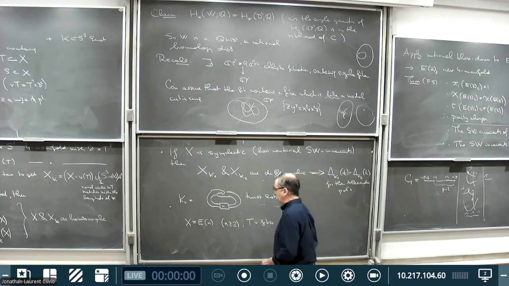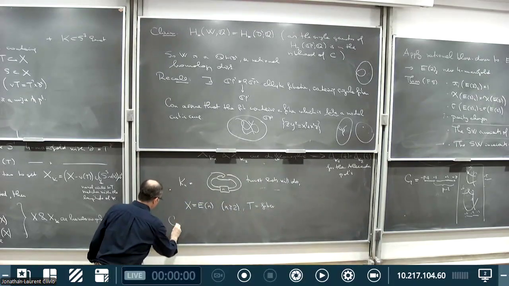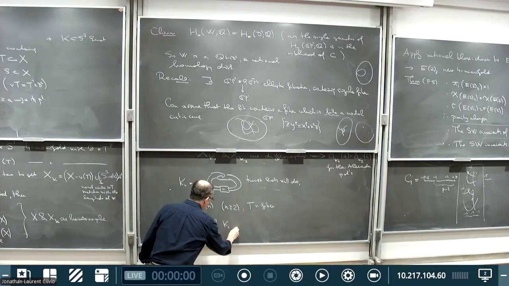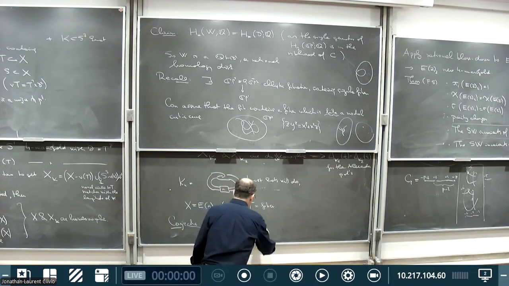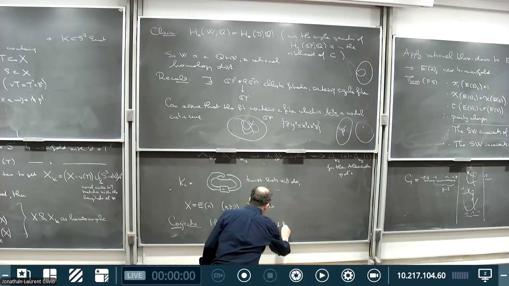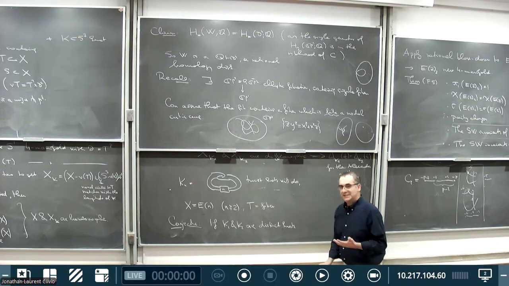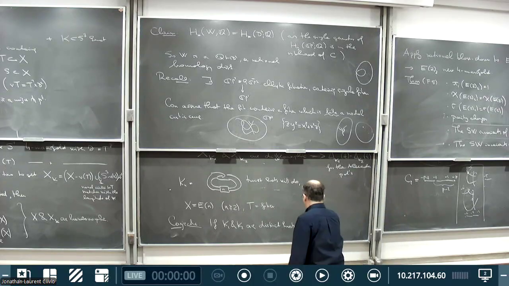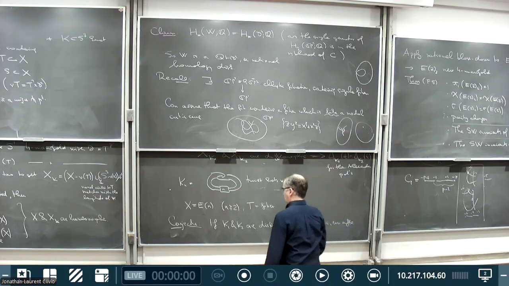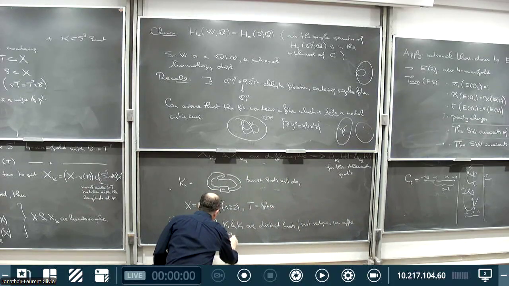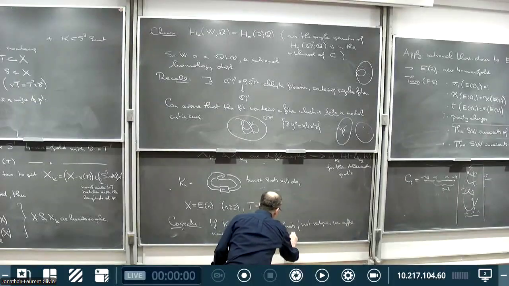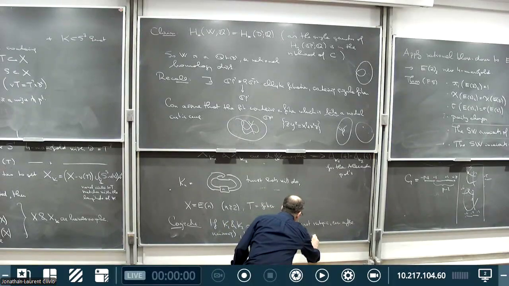And this leads us to a conjecture: if K1 and K2 are distinct knots, in the sense that K1 is not isotopic to K2, and K1 is not isotopic to the mirror of K2 either, then E_n K1 and E_n K2 are non-diffeomorphic.